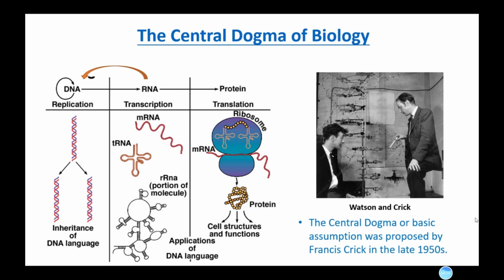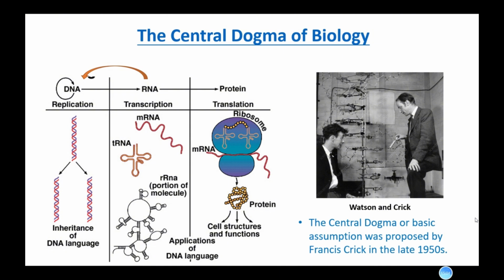After they discovered the structure of DNA, based on the double-strand DNA structure, Crick proposed the central dogma theory. He called it dogma because at that time there was no evidence to support it. It was only based on the DNA structure. But later, in the following decades, more and more evidence supported the theory.